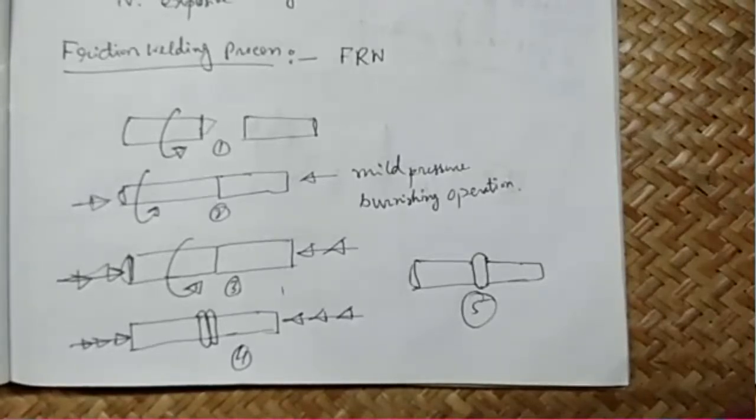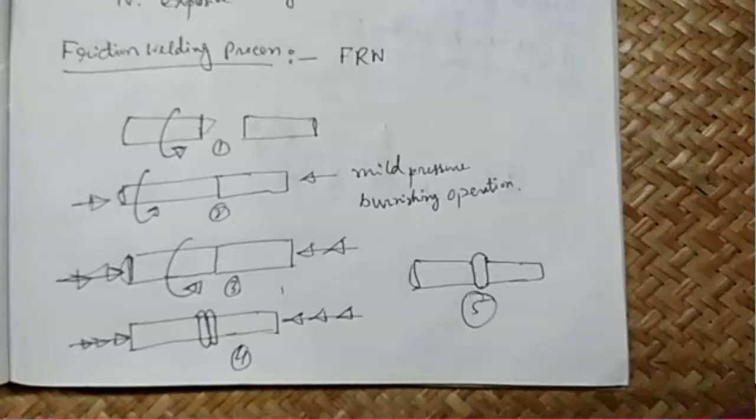We do not need to apply a brake, because after achieving some speed, the driving motor gets detached by means of a clutch. So the driving motor and the flywheel are attached with the clutch. When you disengage the clutch, the flywheel gets detached from the driving motor, and the flywheel stops due to the friction.